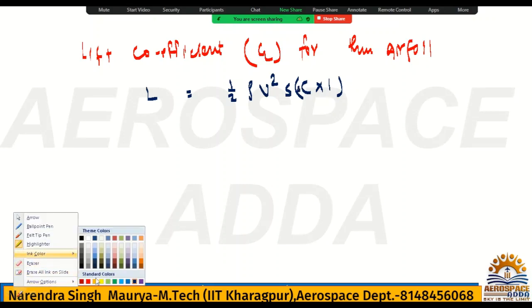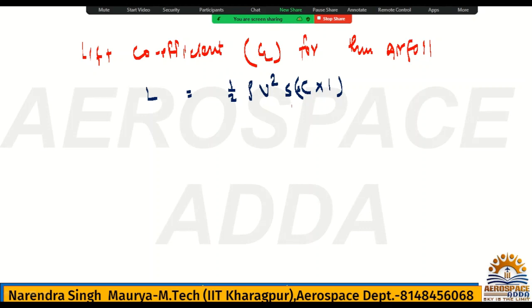Got my point or not? This S is nothing but this value. Actually S area is nothing but chord length into 1. There is no span, because it's a thin airfoil and you are considering airfoil, it's not 3D. Airfoil means what?